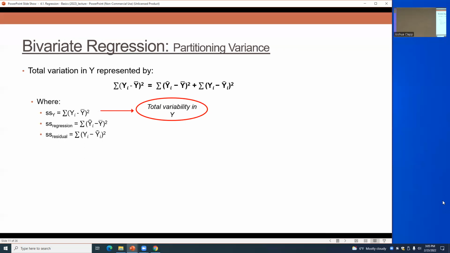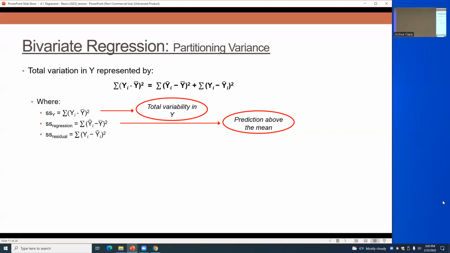What we're trying to account for is the extent to which our observed scores differ from our mean value. Sum of squares regression is the sum of the squared deviations of my predicted value from the mean value. This is my prediction above and beyond the mean.